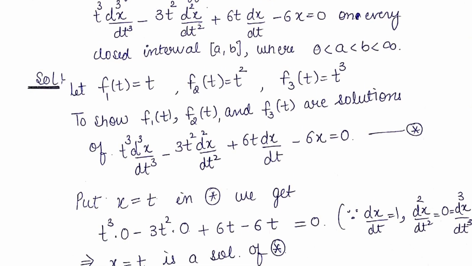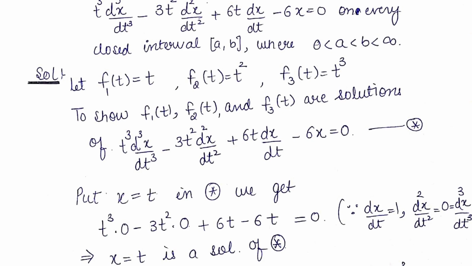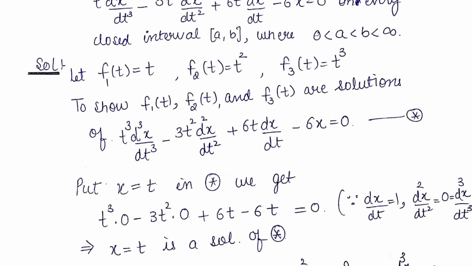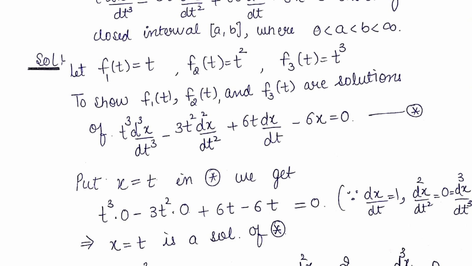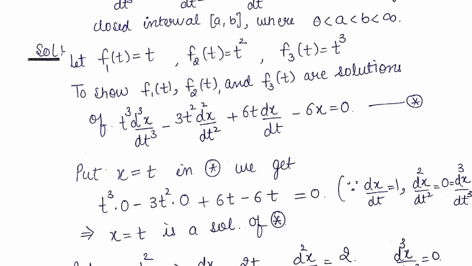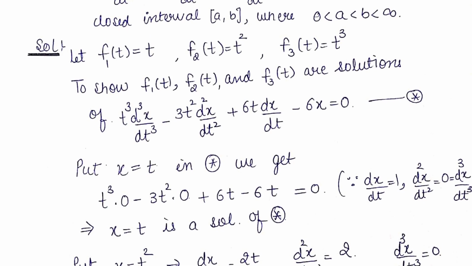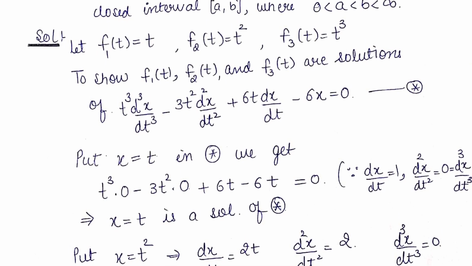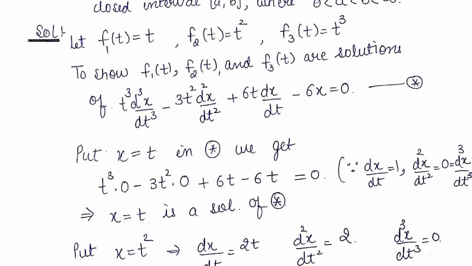And for the linear independence part, you have to prove that the Wronskian of these functions is never 0 for any interval ab.